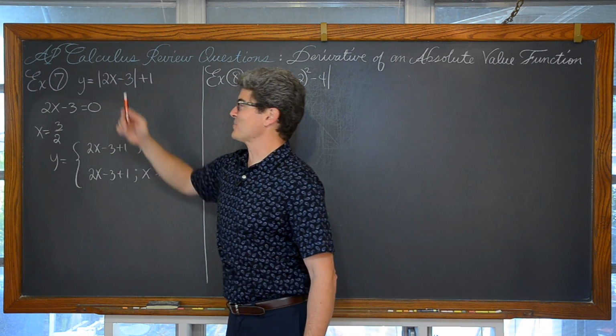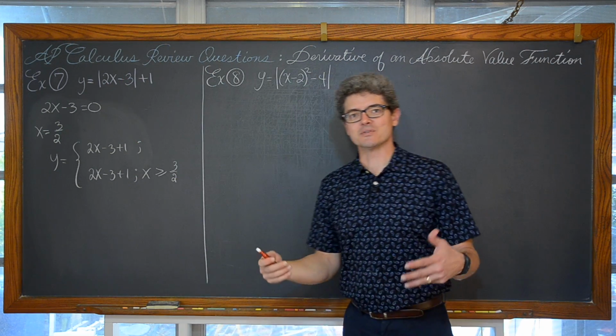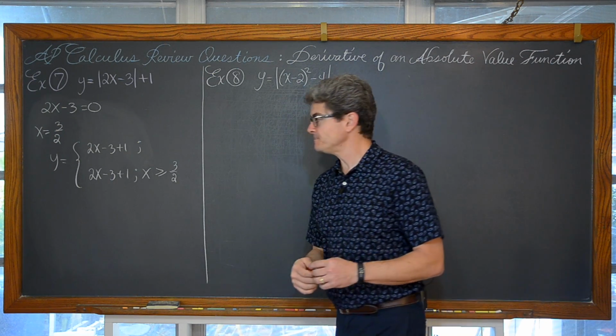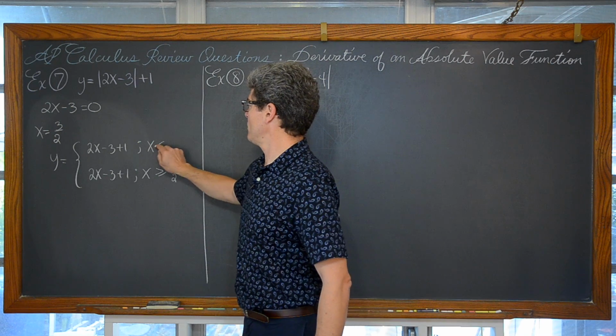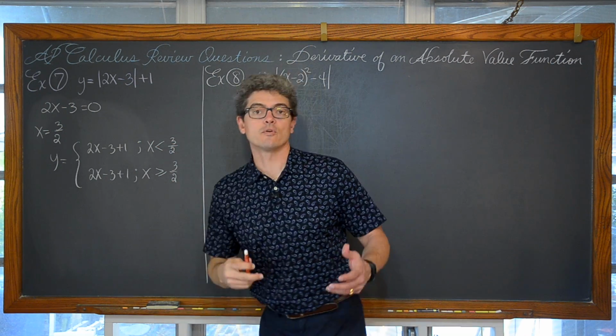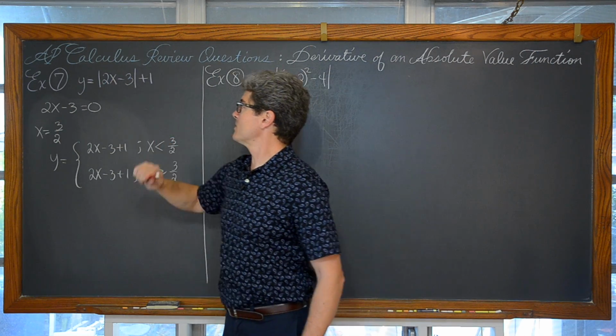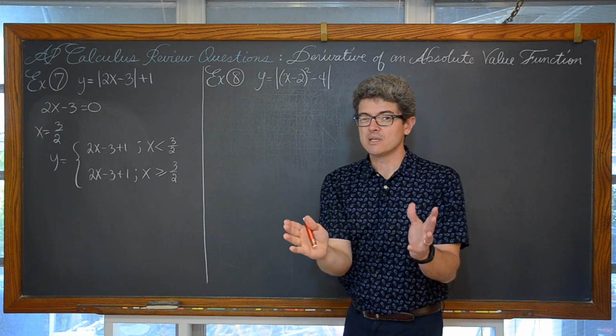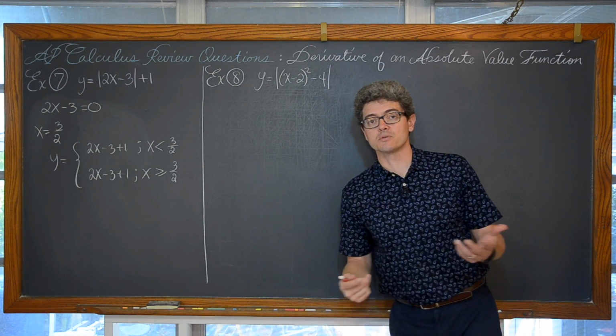And then 3 minus 3 is equal to 0, and the absolute value of 0 is also just 0. There's no sign change. But when you plug in an x value which is less than 3/2, and let's just pick 0 for convenience, 2 times 0 is 0. The absolute value of negative 3 is a sign change, and the actual answer, of course, is equal to 3.